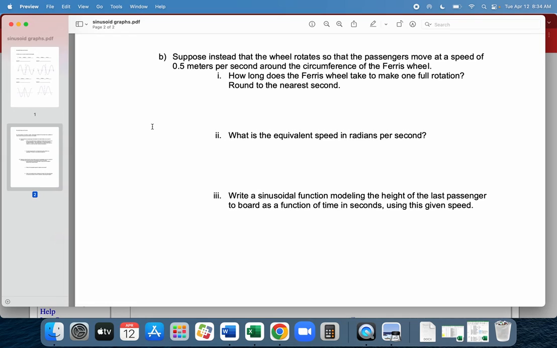So zero to 201. So that means if I put 201 here, you can see where this is going to relate.